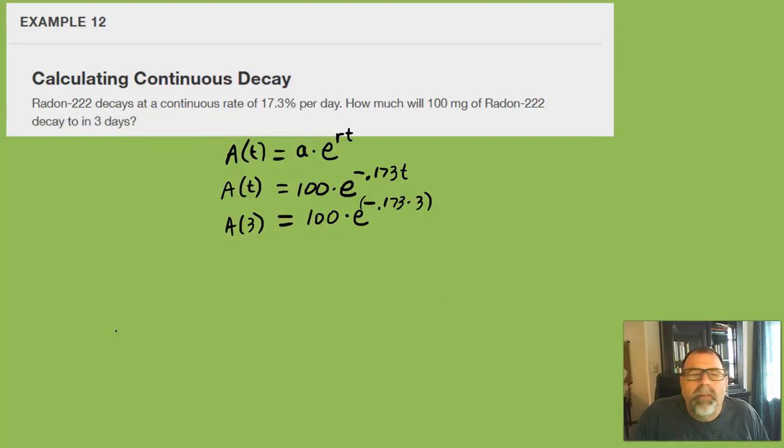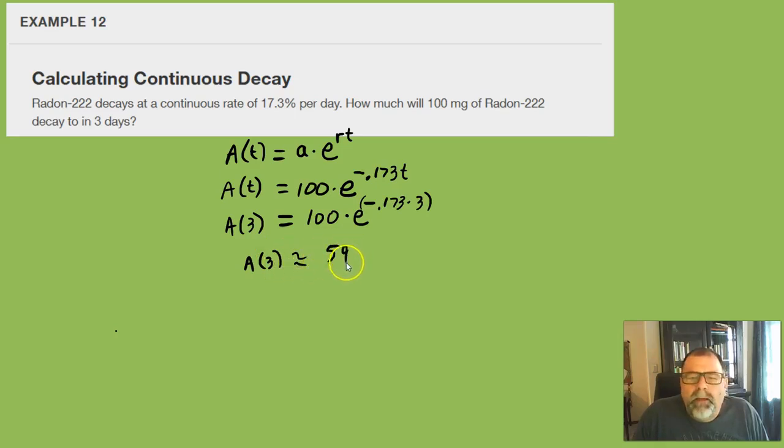How many places do they want? They didn't say. So rule of thumb, if they don't say, I usually go to 3. That's pretty safe. Or I do the same number of places as whatever my problem used, right? So again, 3 is probably pretty safe.